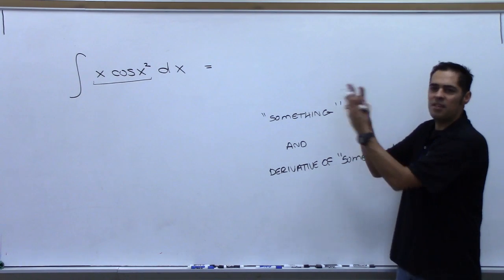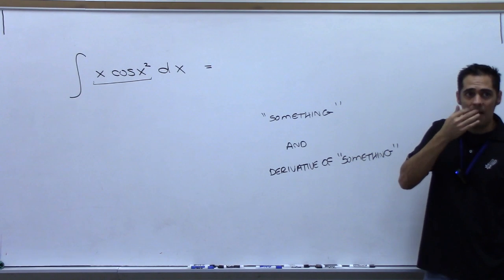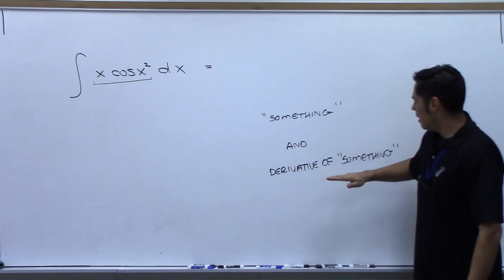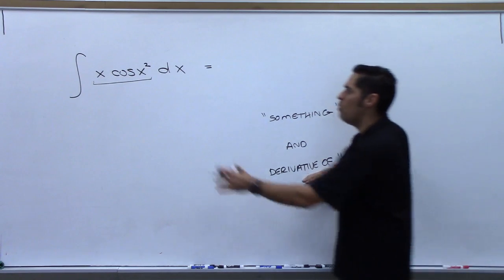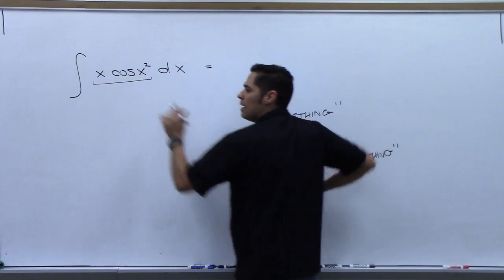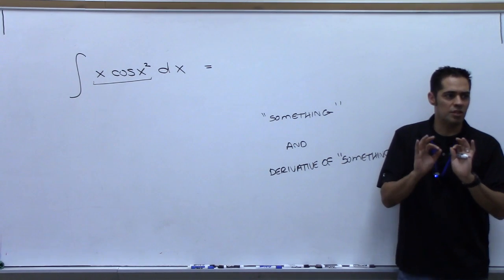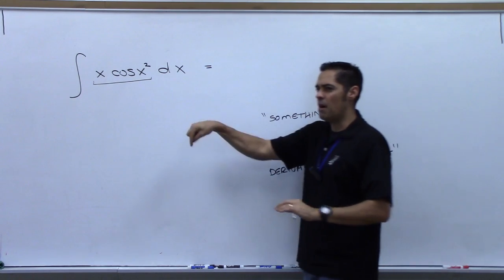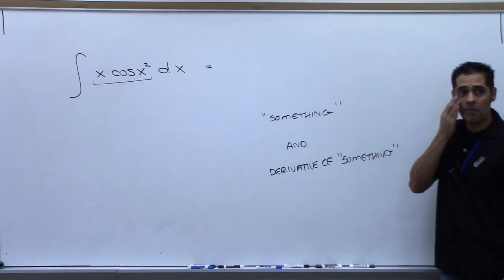We just want it to be sitting up there in the numerator, just looking at us going hi. It's okay if this derivative that we see and what we have here is off by a number. That's okay to have happen. It just can't be on the bottom or trapped. Understand? You'll see better when I start doing an example.